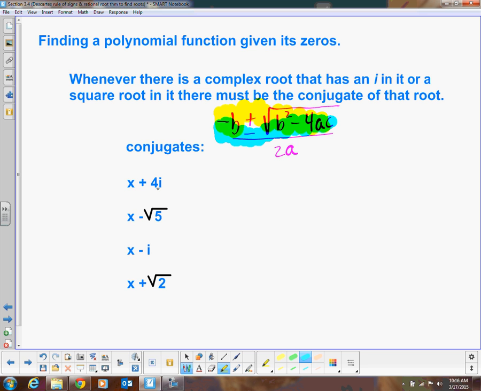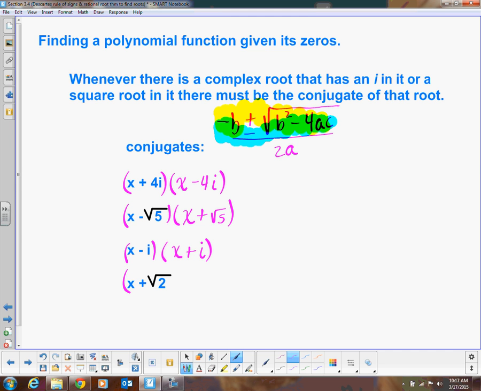So if you have x plus 4i, they will only give you this. What else do you have? What's the conjugate? x minus 4i. That is another root. If you have x minus square root of 5, you also have x plus square root of 5. If you have x minus i, you also have x plus i.